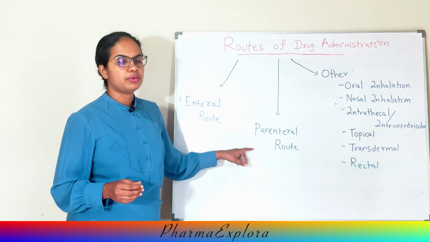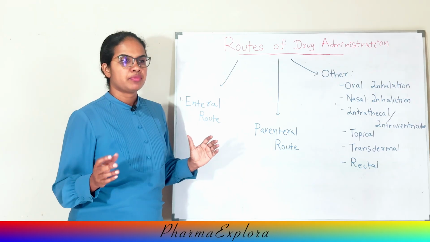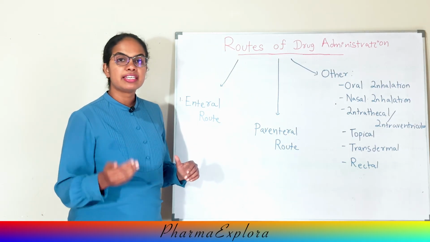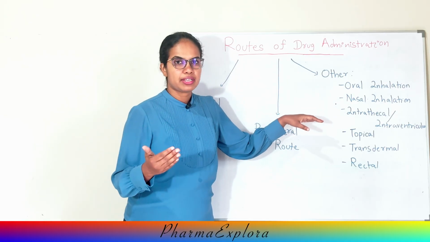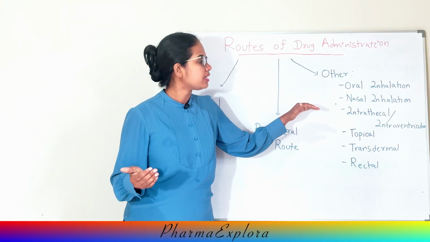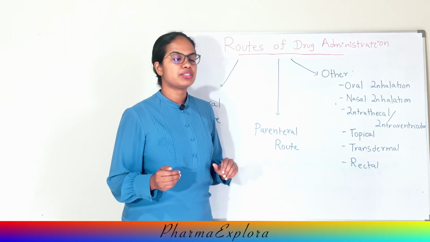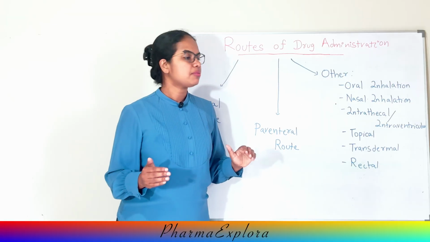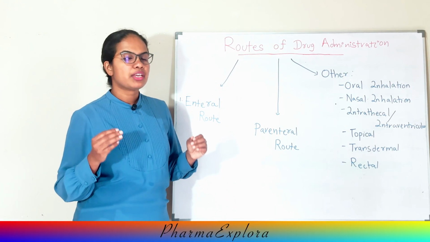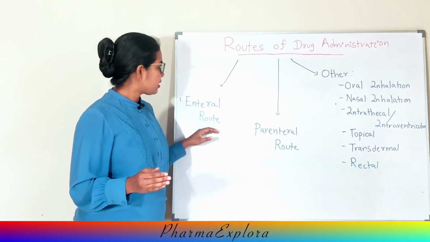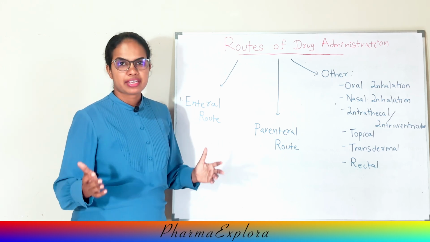And the parenteral route is where we administer the drug directly into the systemic circulation. Under other methods, we discussed briefly oral inhalation, nasal inhalation, intrathecal and intraventricular administration, topical, transdermal, as well as rectal administration. In future, we are expecting to discuss each of these routes in detail separately.